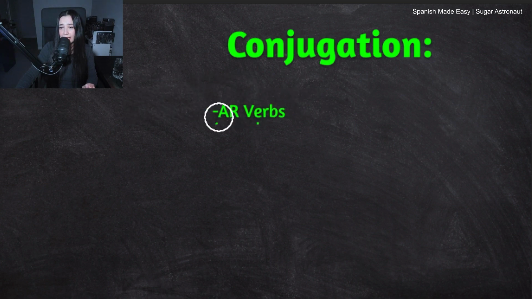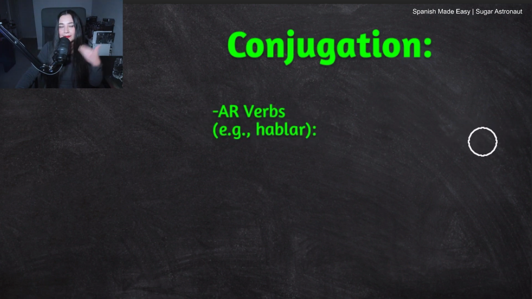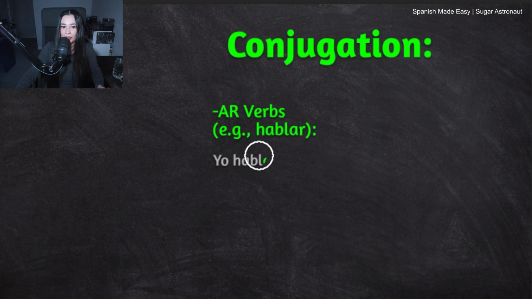Okay, so I'll show you how it's done. So for AR verbs, for example, hablar means to speak, to talk. Okay, so that is a Spanish verb. So let's conjugate hablar in the imperfect tense. Yo hablaba. This means I was speaking or I was talking.